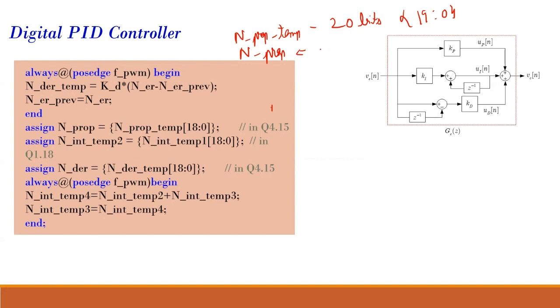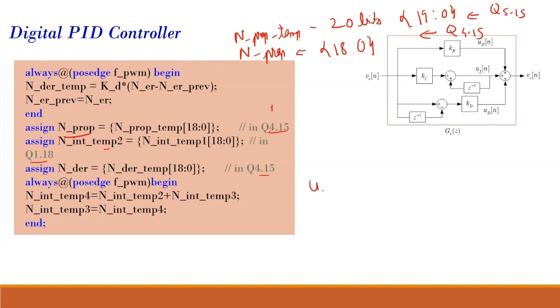So I will take only 18:0. The first sign bit I am ignoring, I'm removing it. So my n prop comes out like this. This was actually my Q5.15 and my n prop comes out to be Q4.15. Similarly, my n integral temp I have converted into Q1.18 and my n derivative is Q4.15.